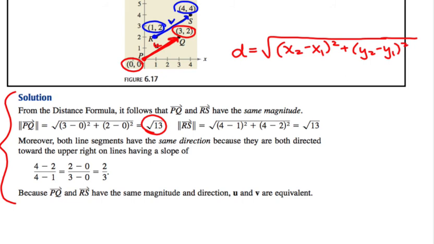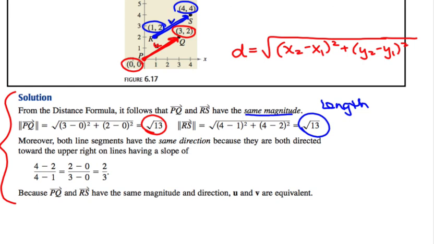And you've done the distance formula already in your previous classes. Then we're going to find the distance for R to S, so the length of the vector v. And we get the square root of 13. So far we've shown that they have the same magnitude, the same length. Now let's check their slopes.